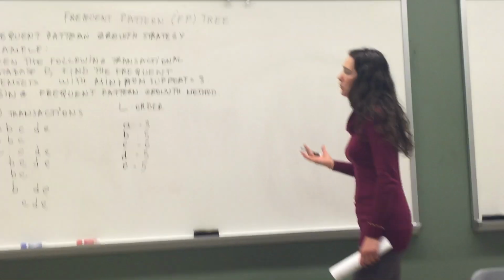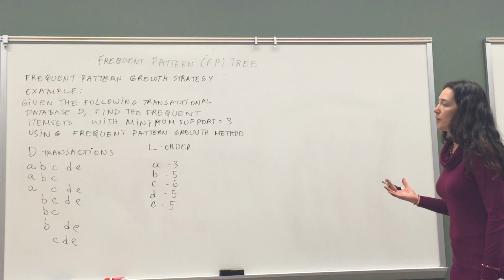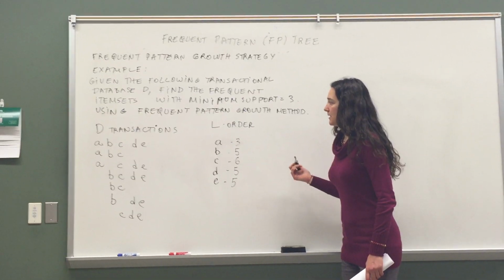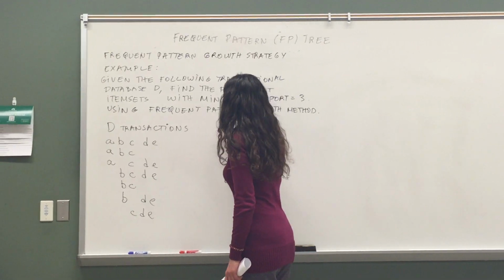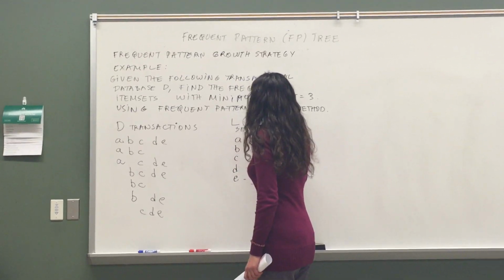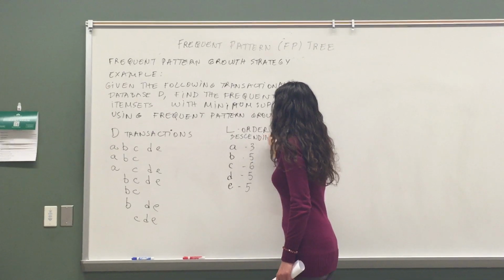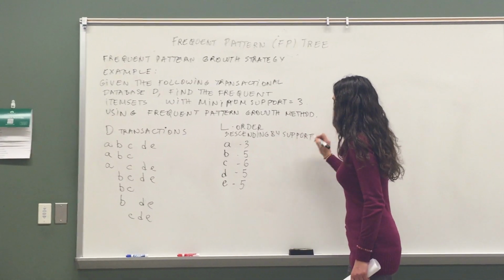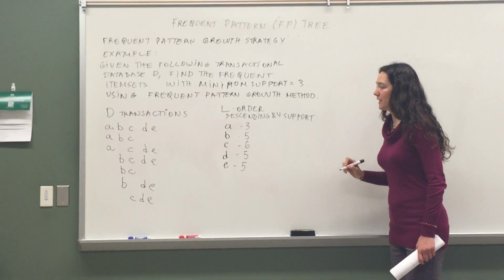So now what we're going to do is order by support in descending order. Which item is going to be on the top of the list?